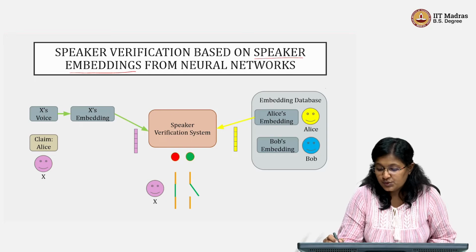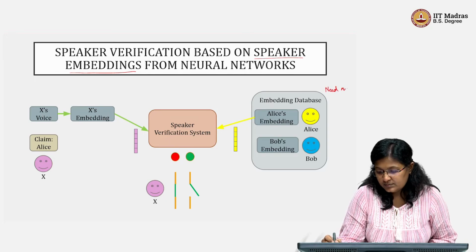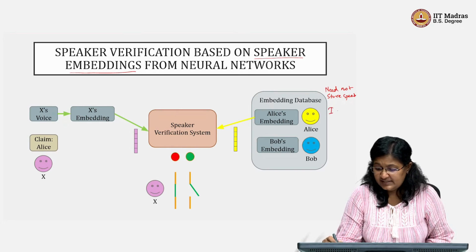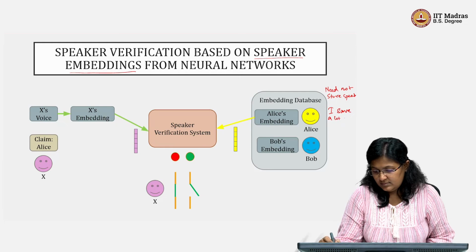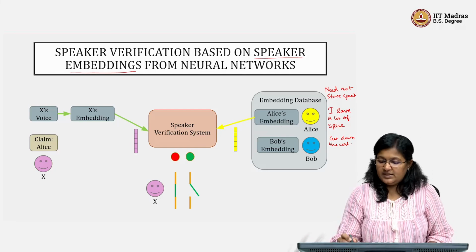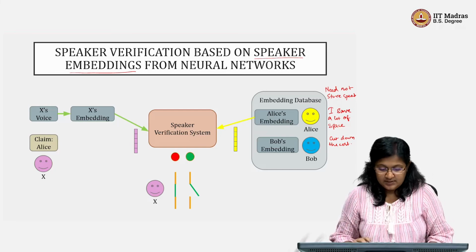So I need not store speech, just embeddings. I save a lot of space, which means I have cut down the cost. So instead of a speech database, I have an embedding database.